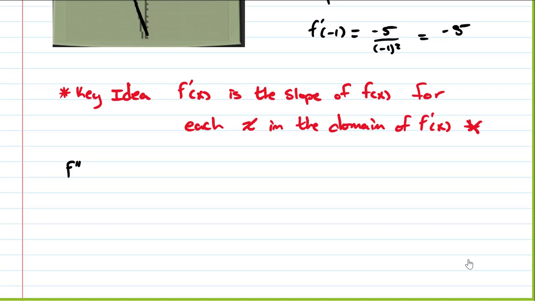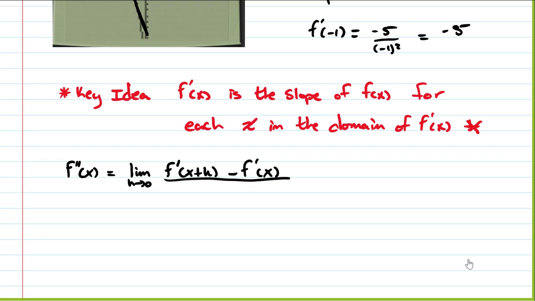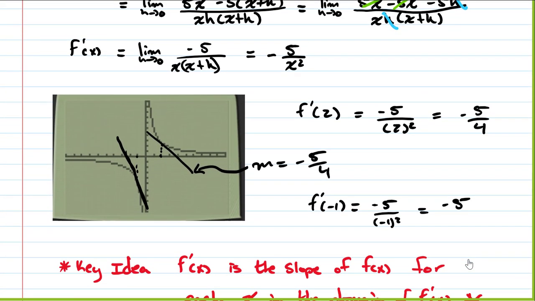So f double prime of x would be the limit as h goes to 0 of f prime of x plus h minus f prime of x, all divided by h. And f prime is what we just found above, right?